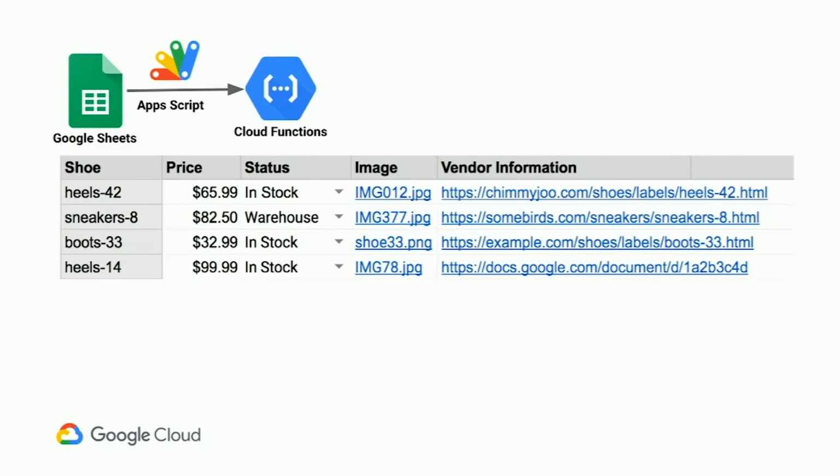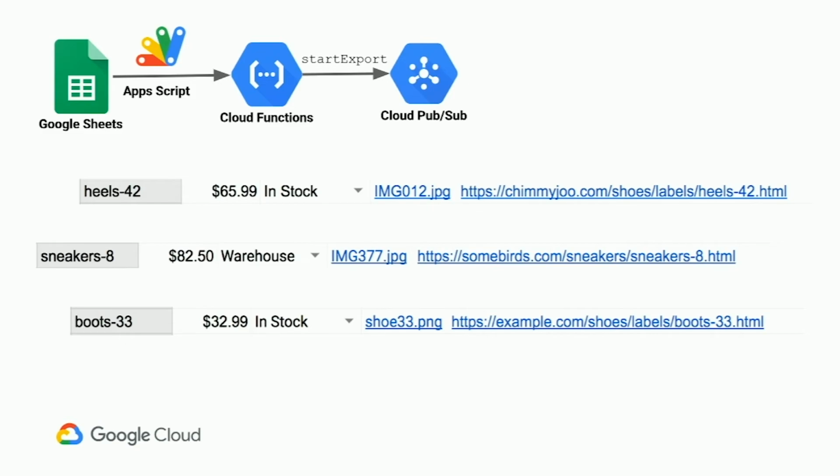So now that we've added PubSub, let's do another recap and see how the data flows through our system. So we start with the sheet and App Script. Start export now reads the sheet and creates an individual PubSub message for each row of data.